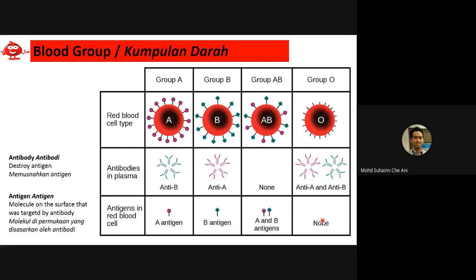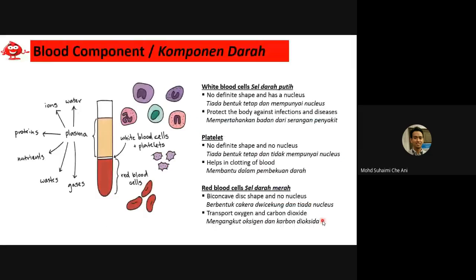Okay, what is the difference between white blood cell and antibody? White blood cell is a cell while antibody is a protein. So white blood cell is just like a red blood cell, but red blood cell is to transfer oxygen and carbon dioxide, while white blood cell will chase and eat the pathogen. While the antibody is just a protein that will capture the antigen of bacteria or antigen of the red blood cell, just now we learned.